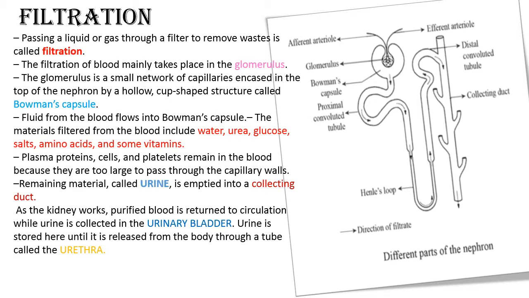Now students, how does filtration take place? In the kidneys, blood from all the parts, from all the body cells, comes with waste and enters the kidney. Right? This means the kidney collects blood from all the body cells, and this blood with waste material enters the kidney.